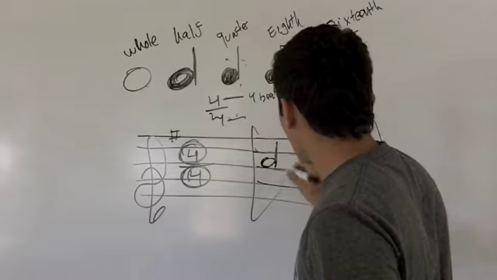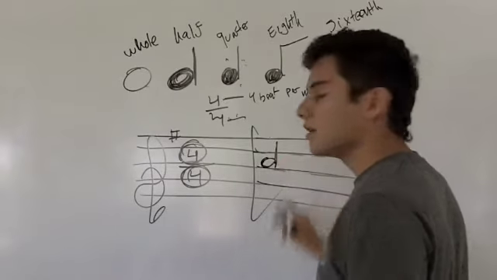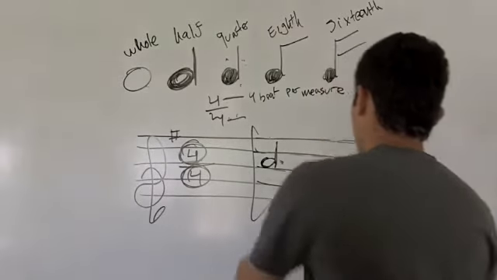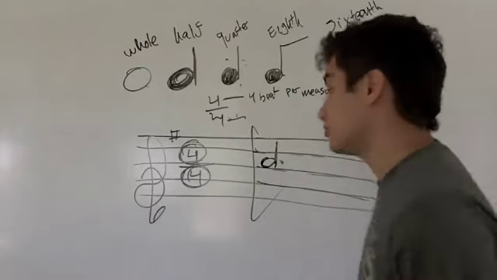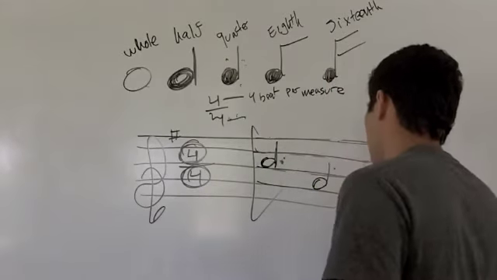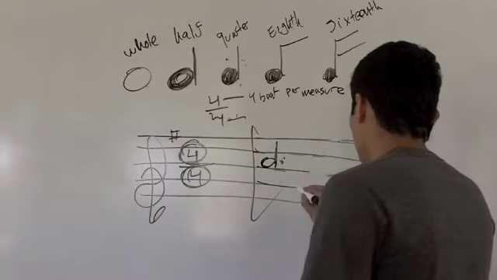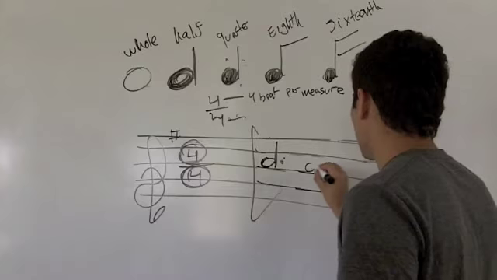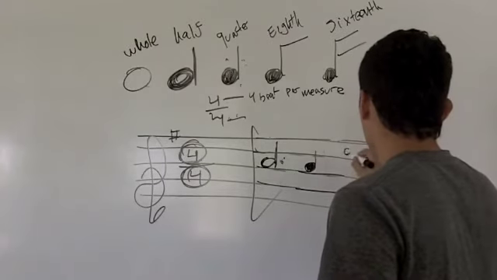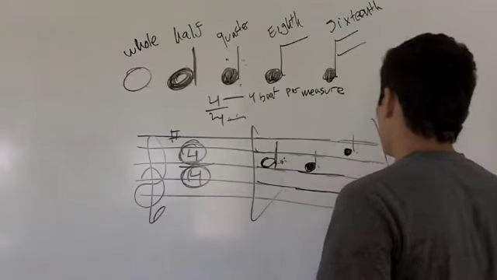This half note means that 2 beats are spent on this note. So this would be 1, 2, and then 3, 4. We could use another half note, like this. 1, 2, 3, 4. Or if we wanted to, we could use 2 quarter notes. We'd have 1, 2, 3, 4.